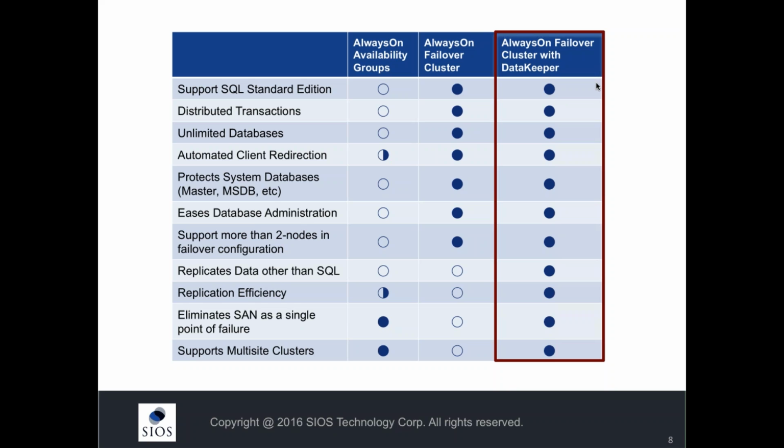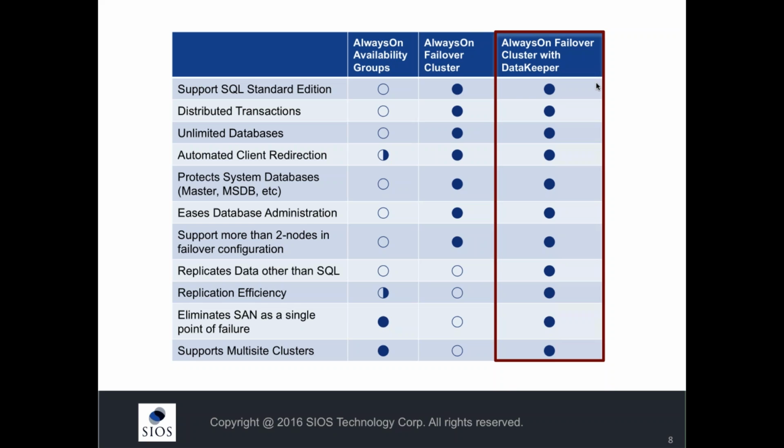With DataKeeper and a SANless cluster here, you essentially are telling DataKeeper which drive letters you wish to replicate. Whatever data happens to live in those drive letters is going to be replicated and protected in real time. So again, it could be SQL databases or logs. It could be PDF files. It really could be anything. So you can fail over more than just your SQL databases and make the entire stack highly available here and protected.